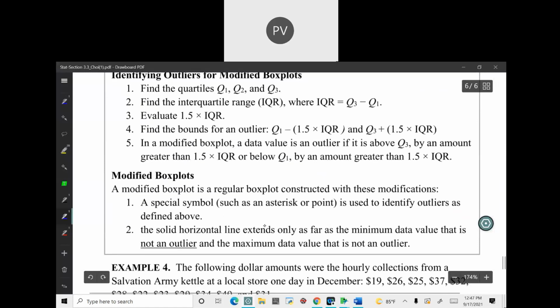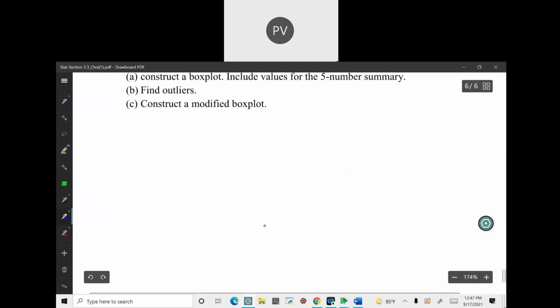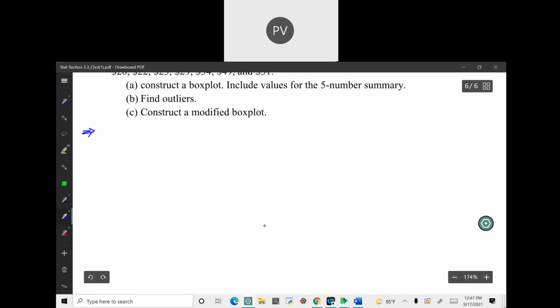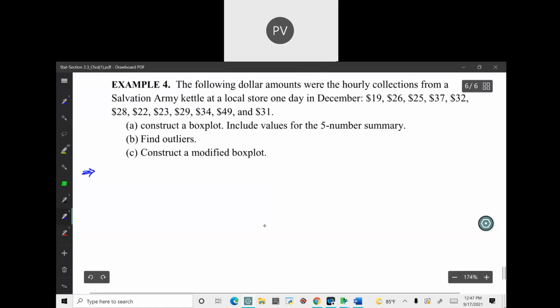So let us go to example number 4. First we need to find the five-number summary, which is maximum, minimum, Q3, Q2 and Q1.